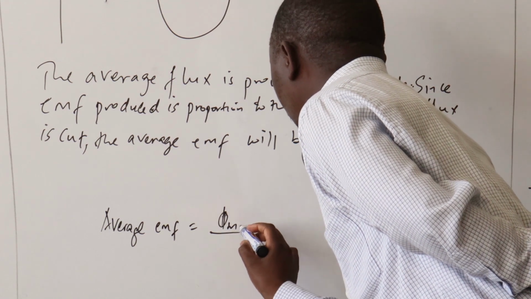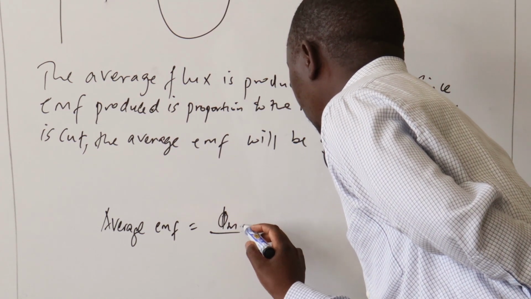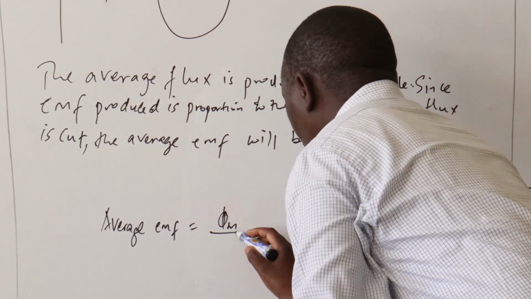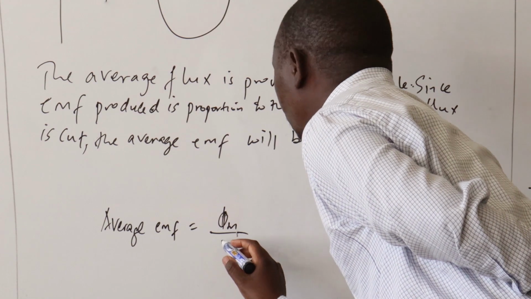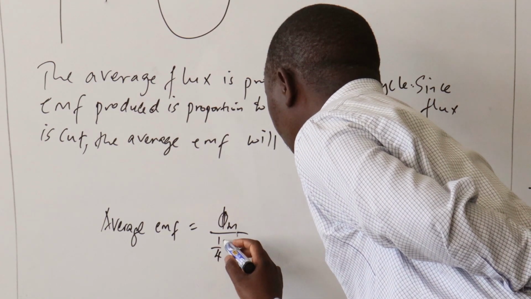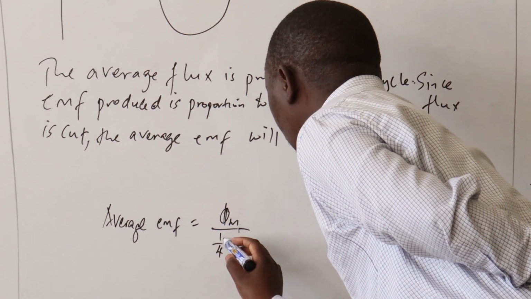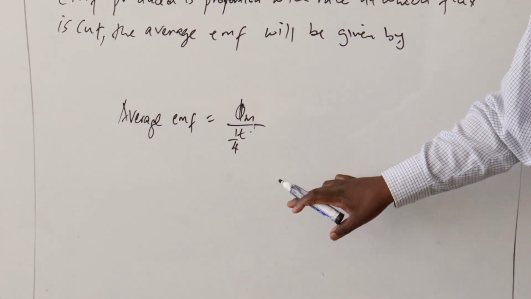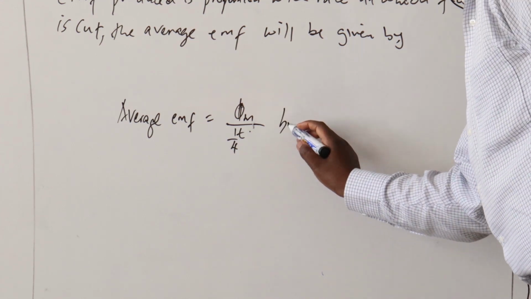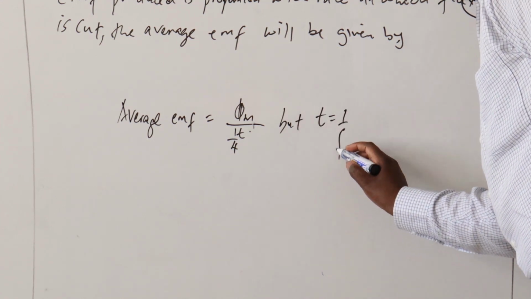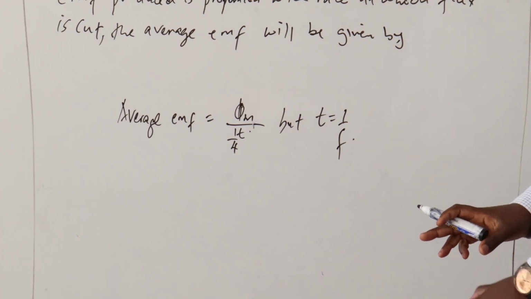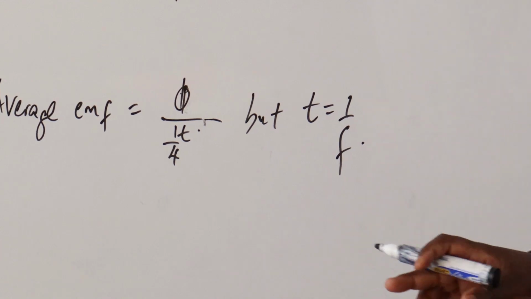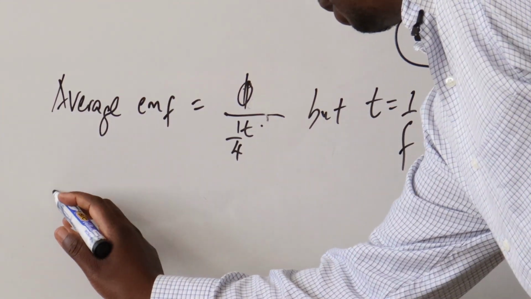This is the total flux divided by a quarter cycle, T. But T is the inverse of frequency. So when I put it there, we should have the average EMF.